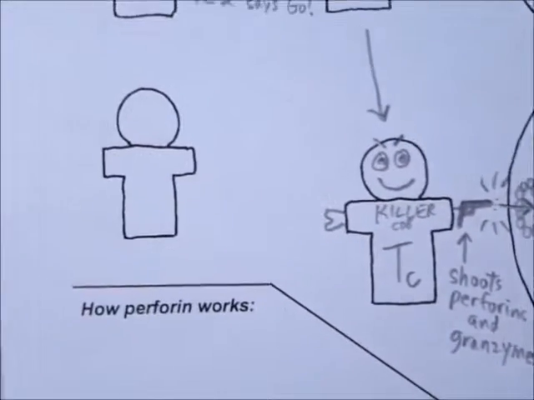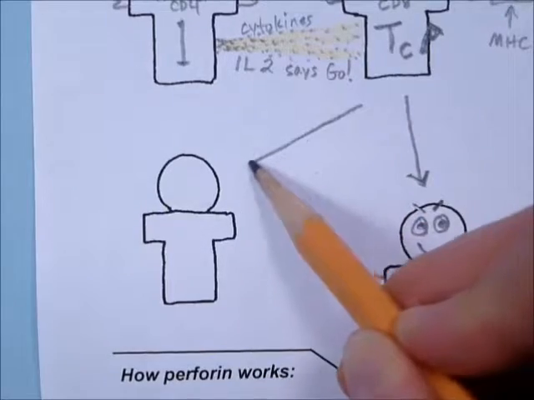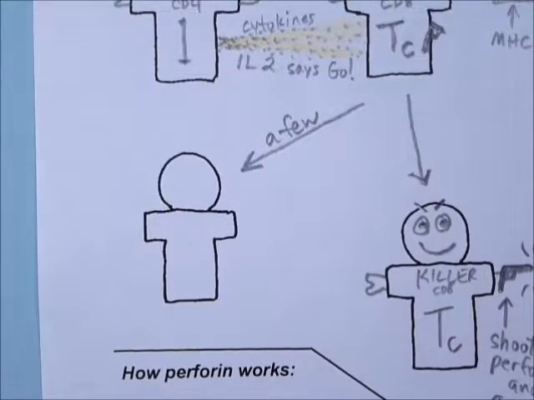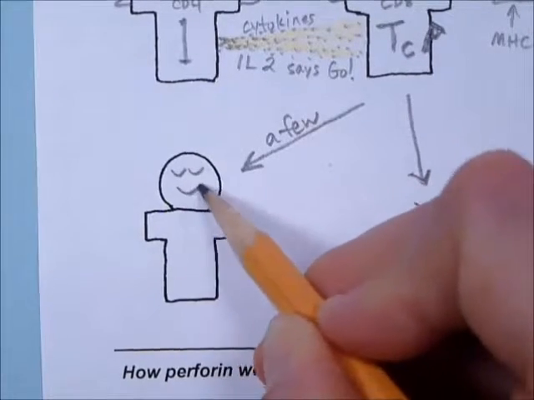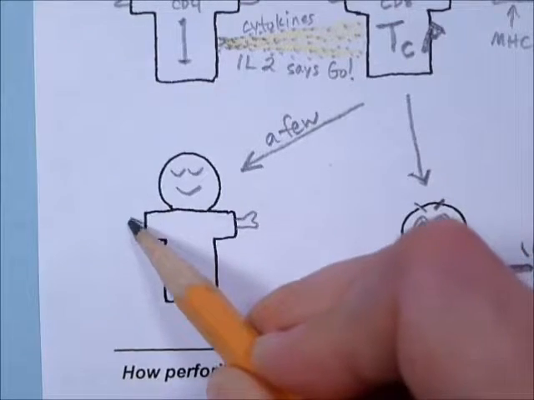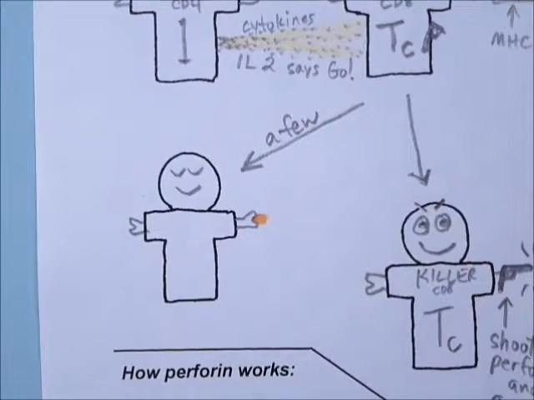Now, before we go on and explain the perforin, let's just go back here and pick this up and let you know that a few of the clones will go to sleep, holding on to their little antigen maybe, okay?